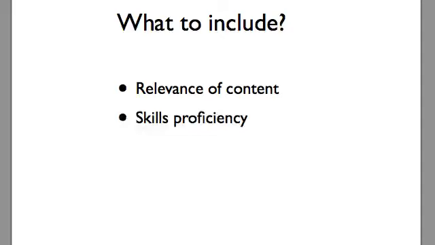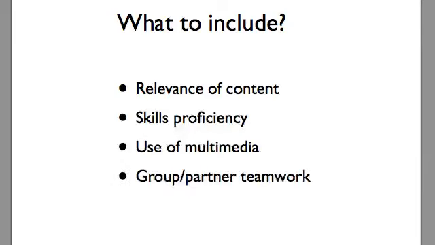Students should make effective use of multimedia that enhances learning and understanding and is not simply window dressing. Also, the students should be working effectively in group and partner environments where they are listening, discussing, questioning each other, and are appropriately dividing tasks. And finally, the students should show an understanding and respect for intellectual property rights when it comes to content.